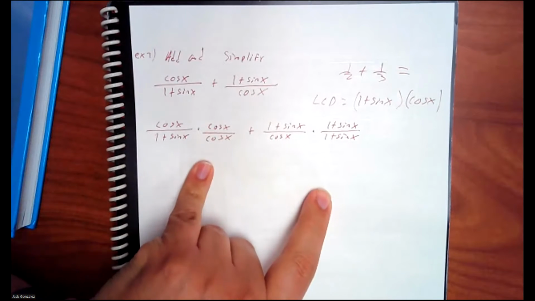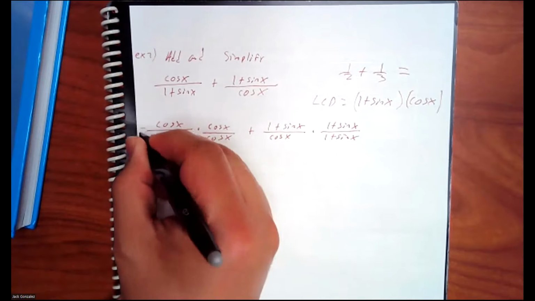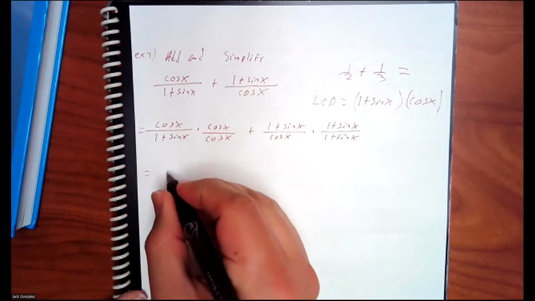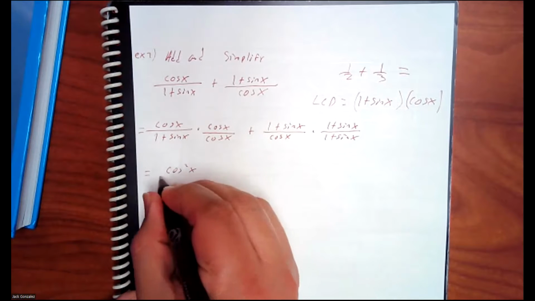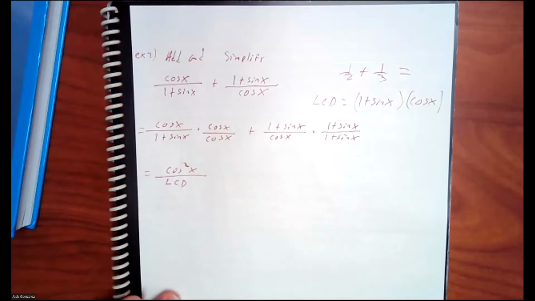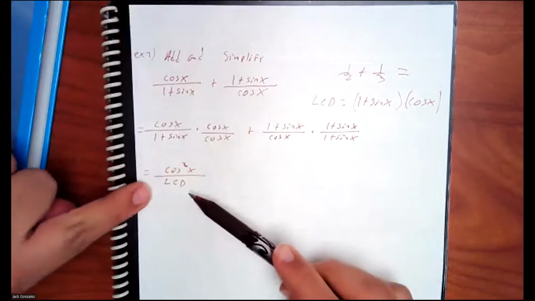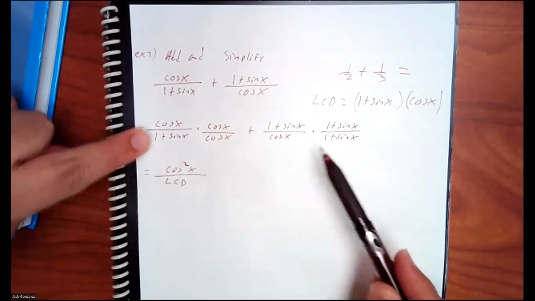Is this step okay? So cosine times cosine. On the bottom, you cool if I write the word LCD? Because that's what this is, right? Down here. They both have it now.